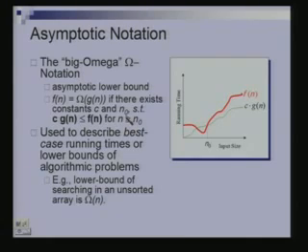So beyond a certain n naught, as this picture illustrates, f of n is more than c times g of n beyond this point n naught. In that case we say that f of n is omega of g of n.